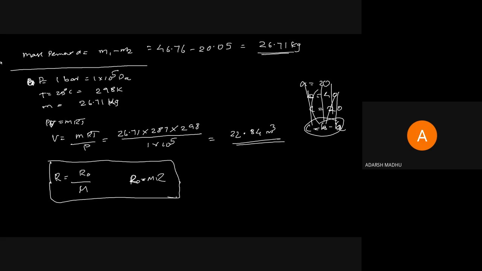Okay. Then another problem related to ideal gas. A steel flask of 0.04 meter cube capacity.